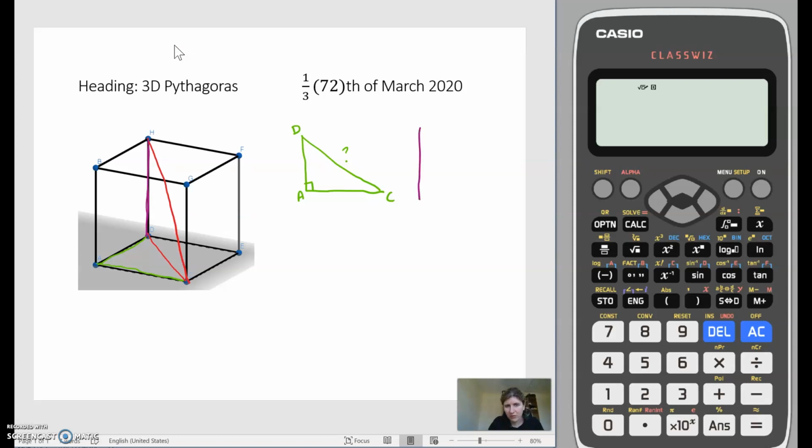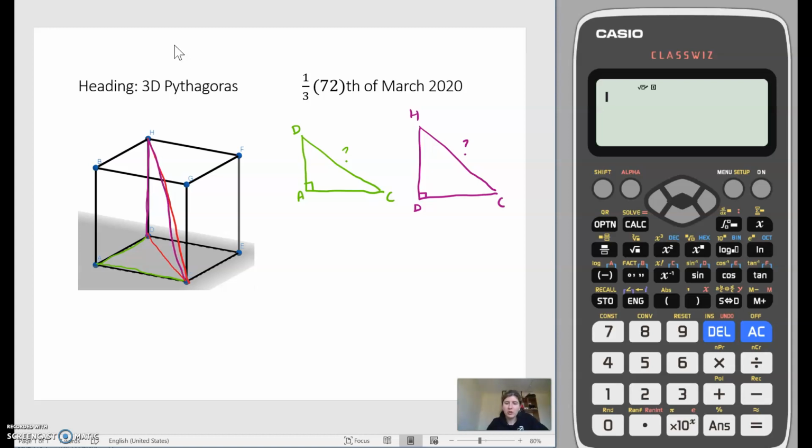So we would have a second triangle, which goes from H at the top, D at the corner, and C there, and we would use that to find H to C, that big long side, that red one that you have there.